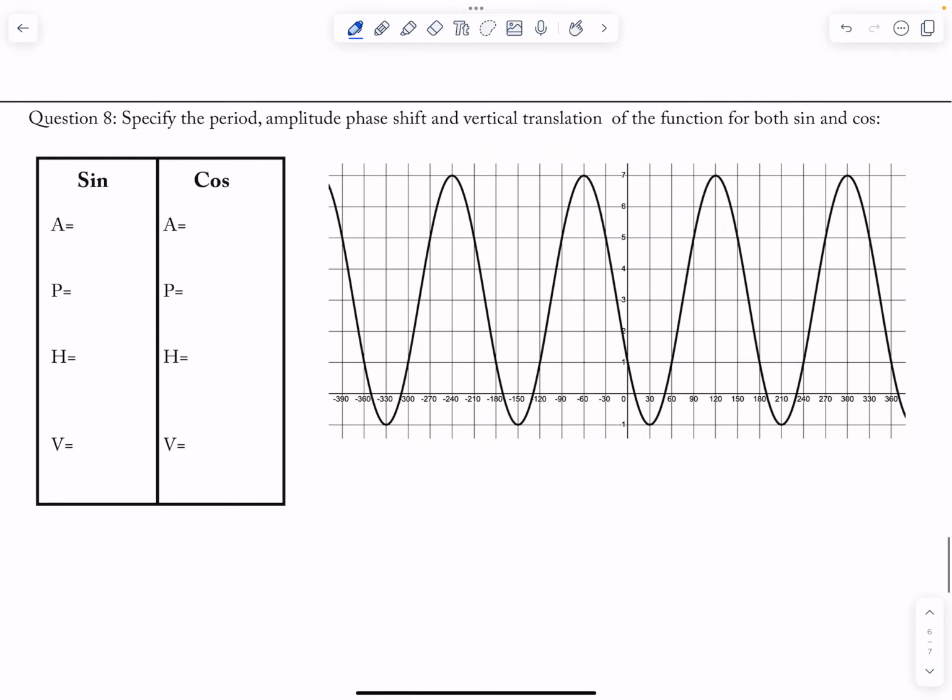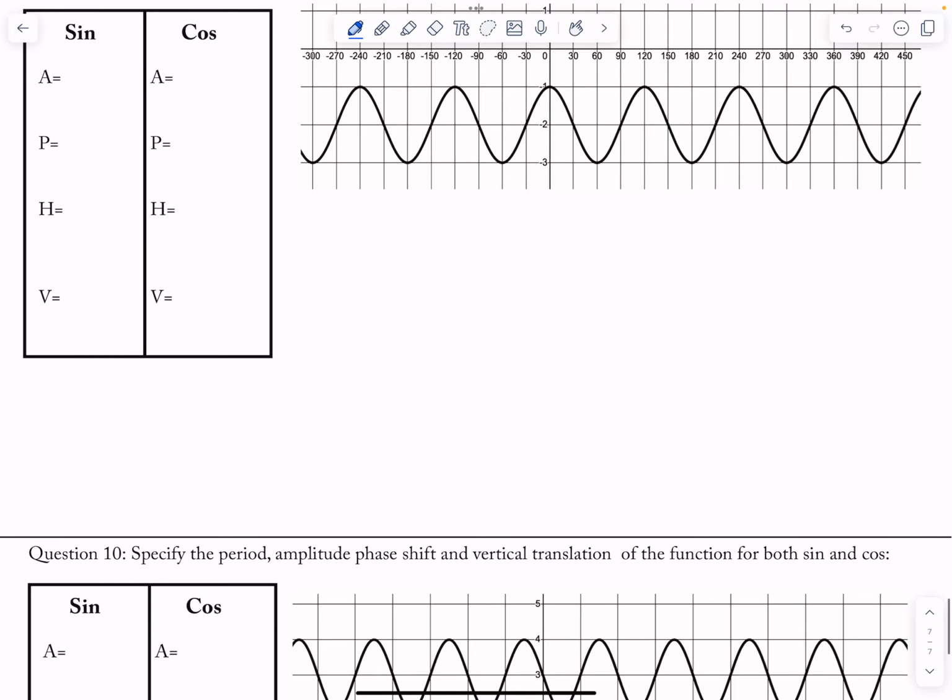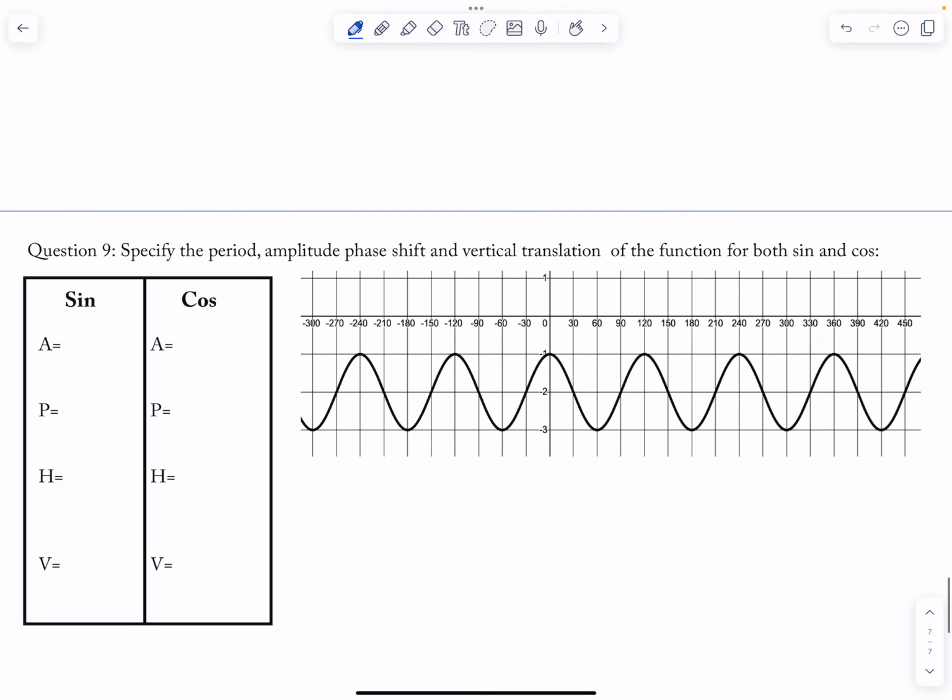Okay, and then there's 8, and then there's 9, and then 10 is an even one. So let's do this one. So let's go here to here. So that period is 120 degrees. My amplitude is still 1 because my halfway point is at 1.